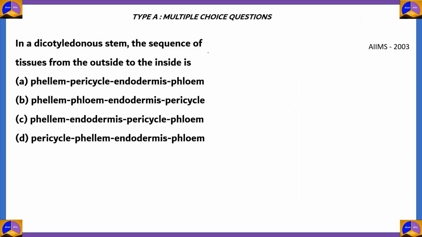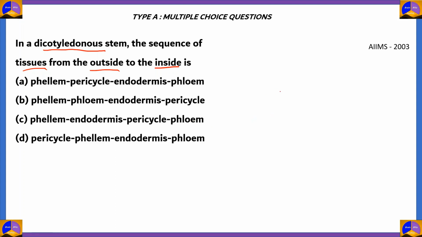And so now we reached our final question. In a dicotyledonous stem, the sequence of tissues from the outside to the inside is, and we have 4 options. Now here we need to be smart about which is the correct answer.